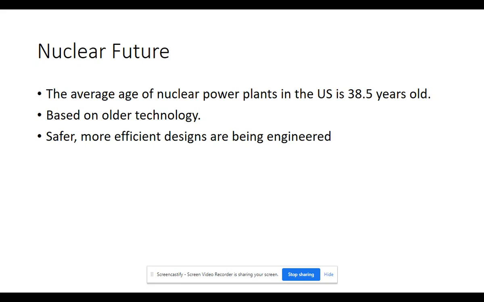But of course, there are so many regulations that they can't test it anymore, or they can't test it in the US very easily. They had plans to test it in China, but that fell through when we had a leadership change in the US, and so now they can't test it in China anymore.